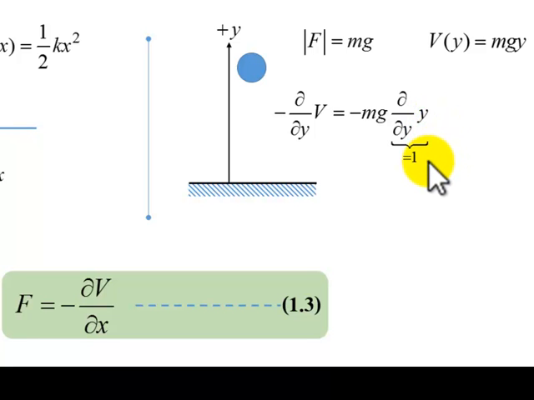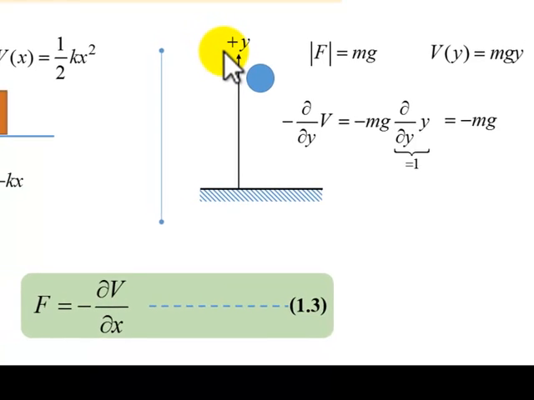As a result, minus dV dy in this case is equal to minus mg. The result is exactly the force acting on the falling object, and the negative sign is simply telling us that the direction of the force is downward if we define the positive y as pointing up.